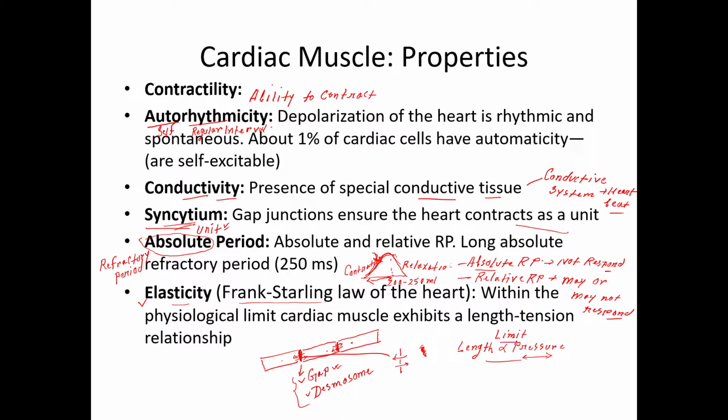But within the limit, if you increase the pressure, the length will be more, and when you leave the pressure, it will go back to its actual shape. However, if that limit is crossed, then heart muscle will lose the elasticity. That means the heart will remain big. It will not be able to recoil, and that is called heart failure. And in heart failure, what happens?